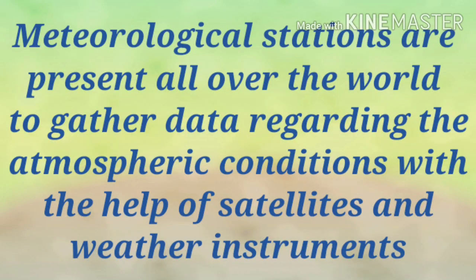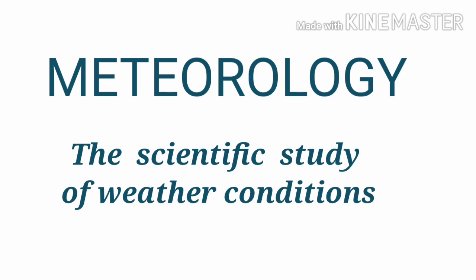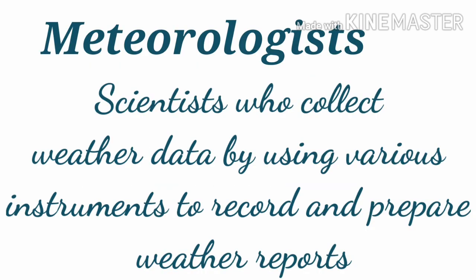Meteorological stations are present all over the world to gather data regarding atmospheric conditions with the help of satellites and weather instruments. In India, the Indian Meteorological Department observes meteorological conditions and forecasts weather. The scientific study of weather conditions is called meteorology.